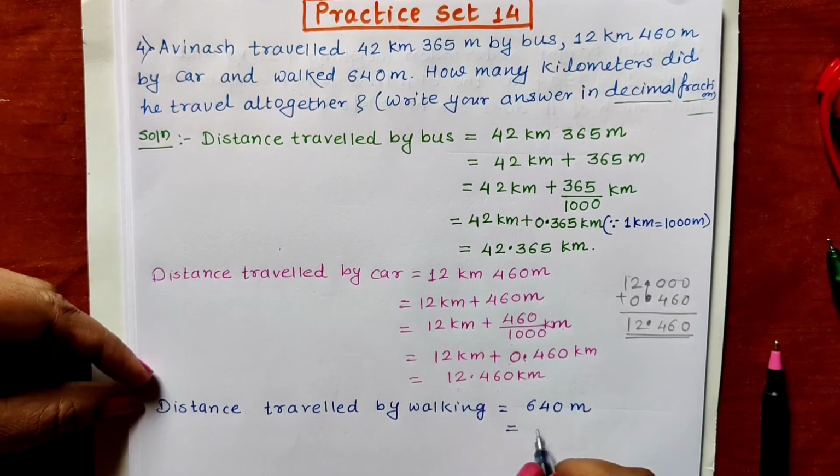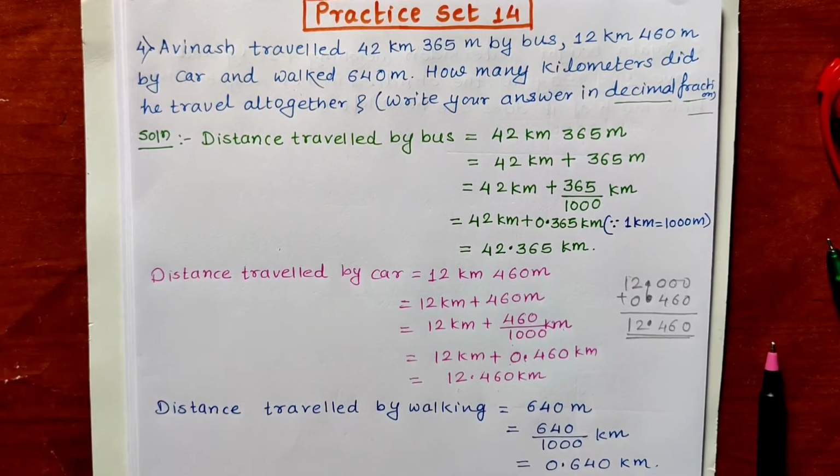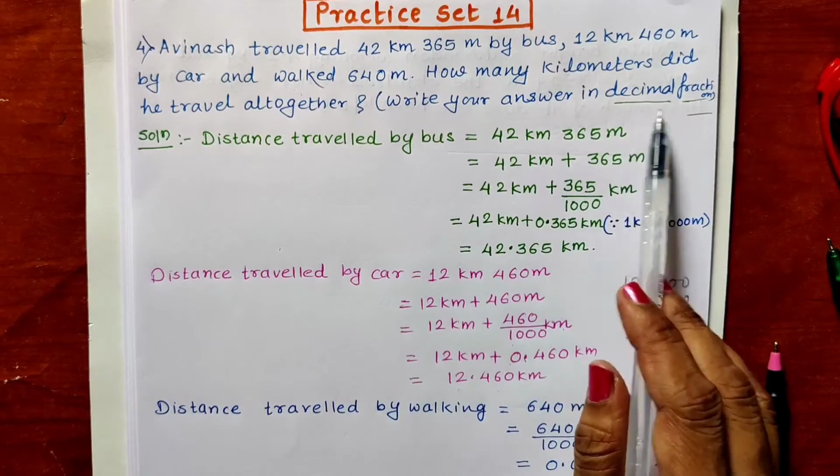We want to convert it into kilometer, so 640 upon 1000 kilometer, which will be 0.640 kilometer. So in this way we have converted all these three distances into decimal fraction.